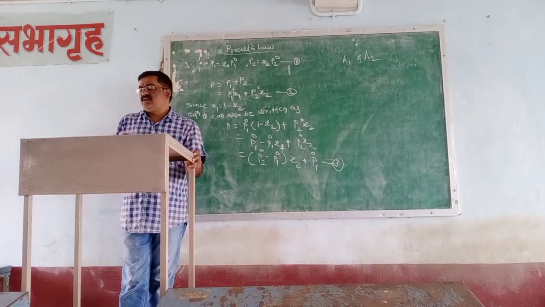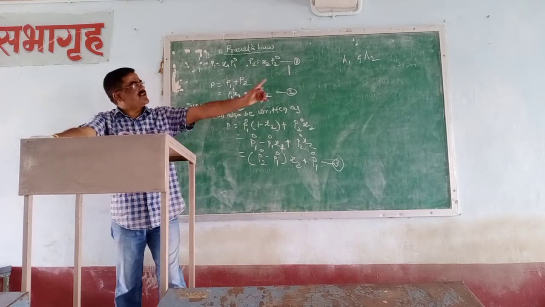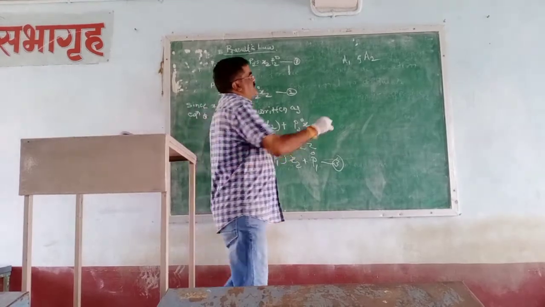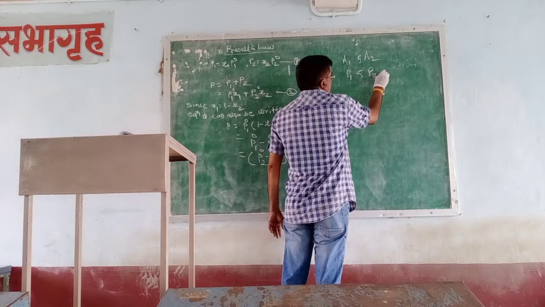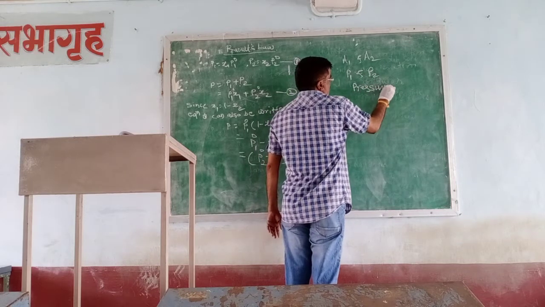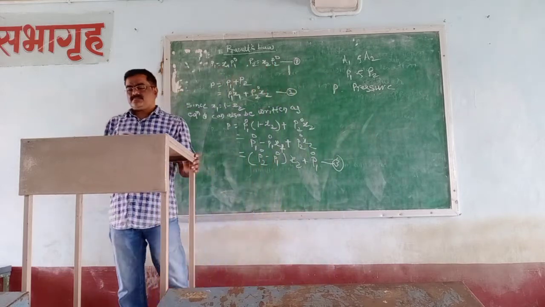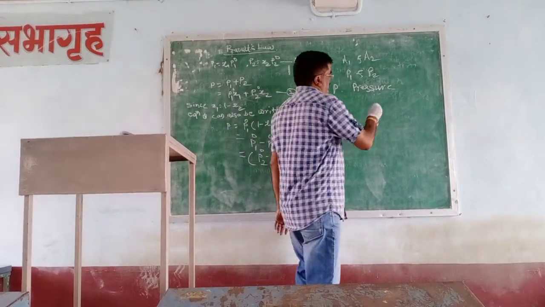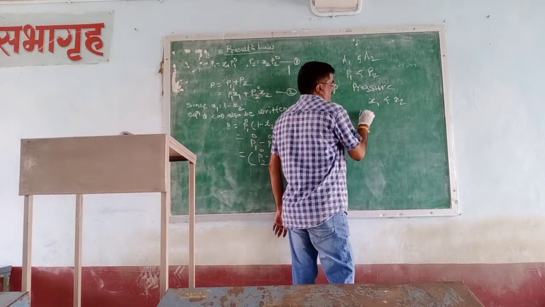Suppose there is a binary solution of two volatile liquids A1 and A2. P1 and P2 are their partial pressures, and X1 and X2 are their mole fractions.